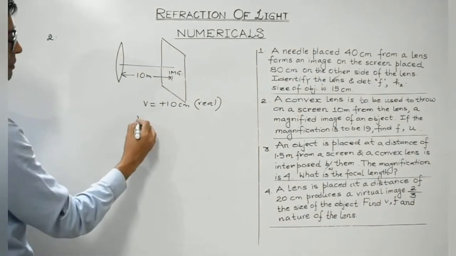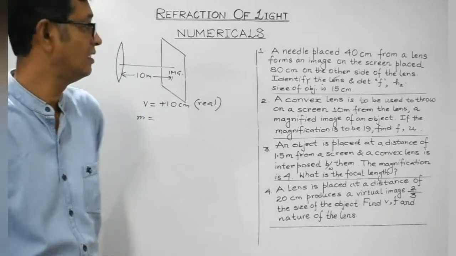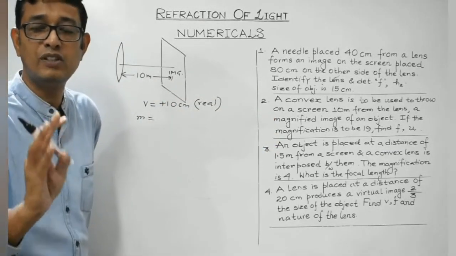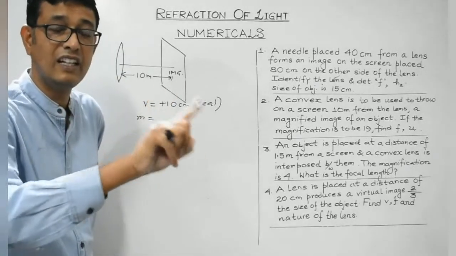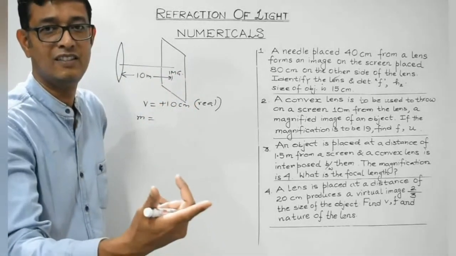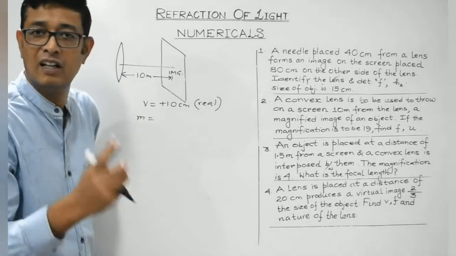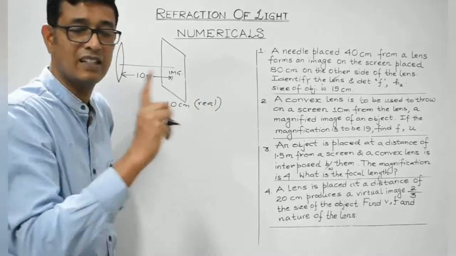Look, here magnification. Now students, a very important fact. From this question, it is pretty clear that the image is obtained on the screen, so it is real and inverted. I have told you, for an inverted image, linear magnification is negative.